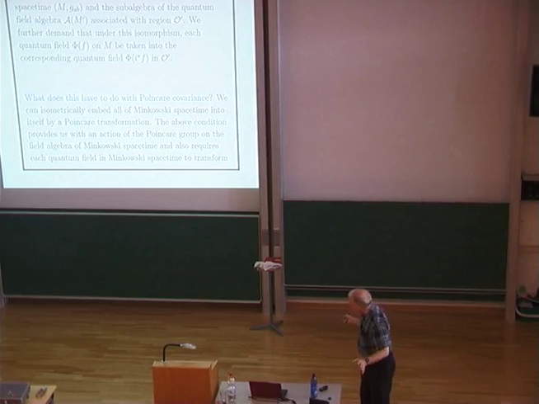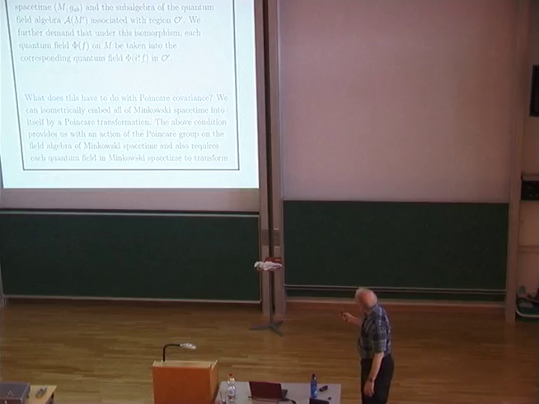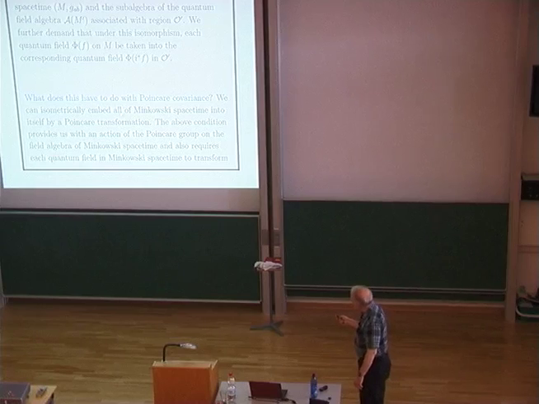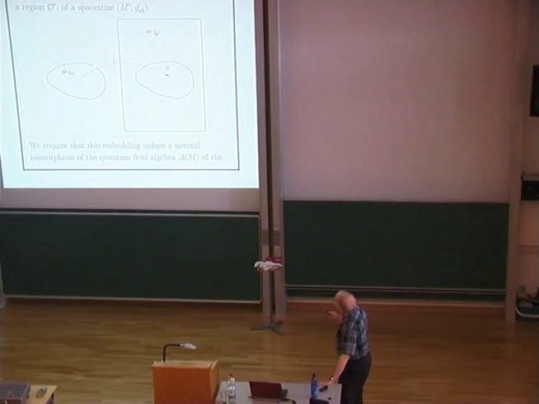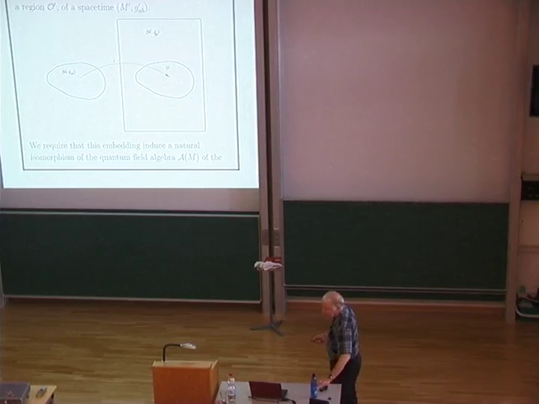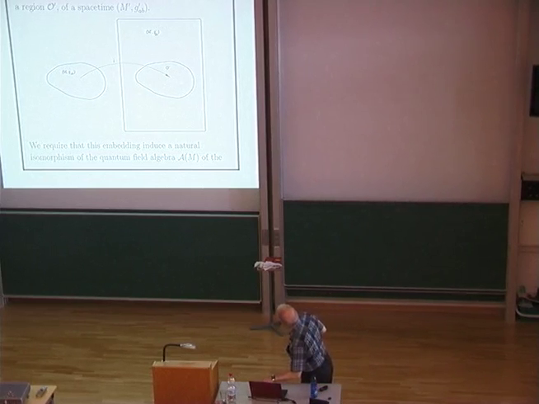Now, that's a condition that might sound reasonable to impose. What might be harder to understand is what in the world does this have to do with Poincare covariance? Well, that can be seen by taking a particular example, where this space-time is Minkowski space-time, this space-time is Minkowski space-time, the region O prime is all of the space-time, and this isometric embedding is a proper Poincare transformation.